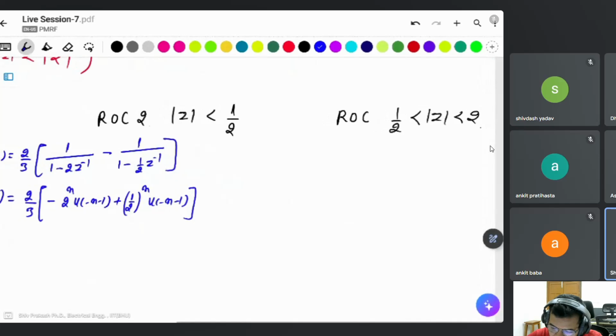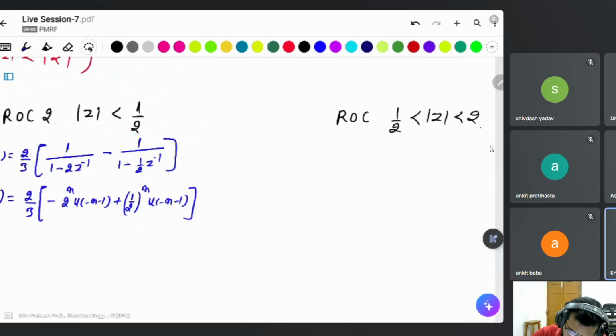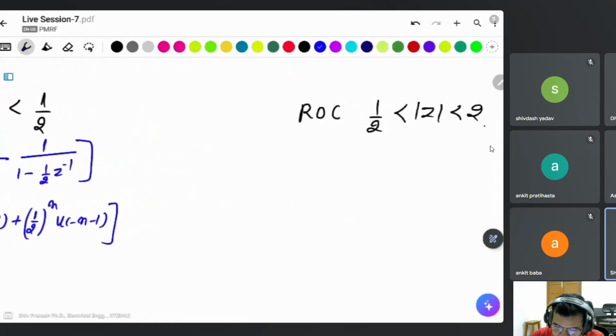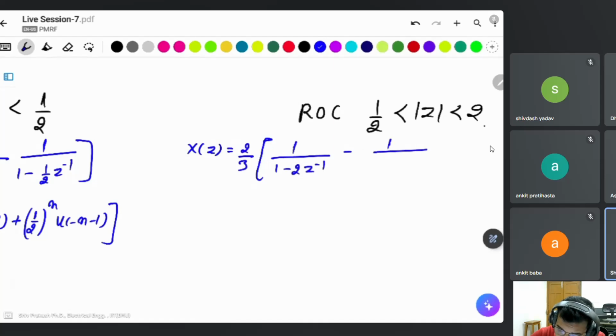Next, if the ROC lies between two quantities, how can you find the inverse transform? The system is 2 by 3 times [1 divided by (1 minus 2 z inverse) minus 1 divided by (1 minus half z inverse)].